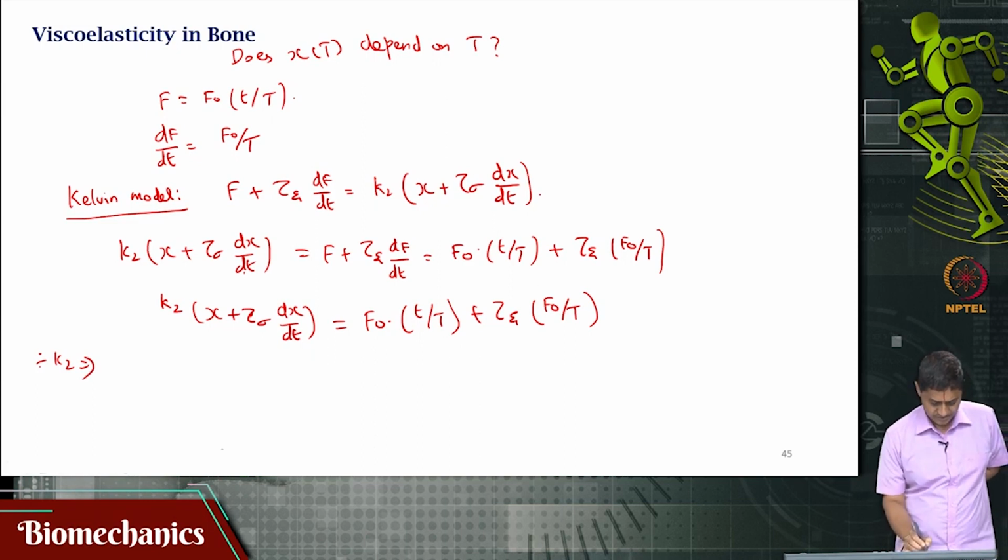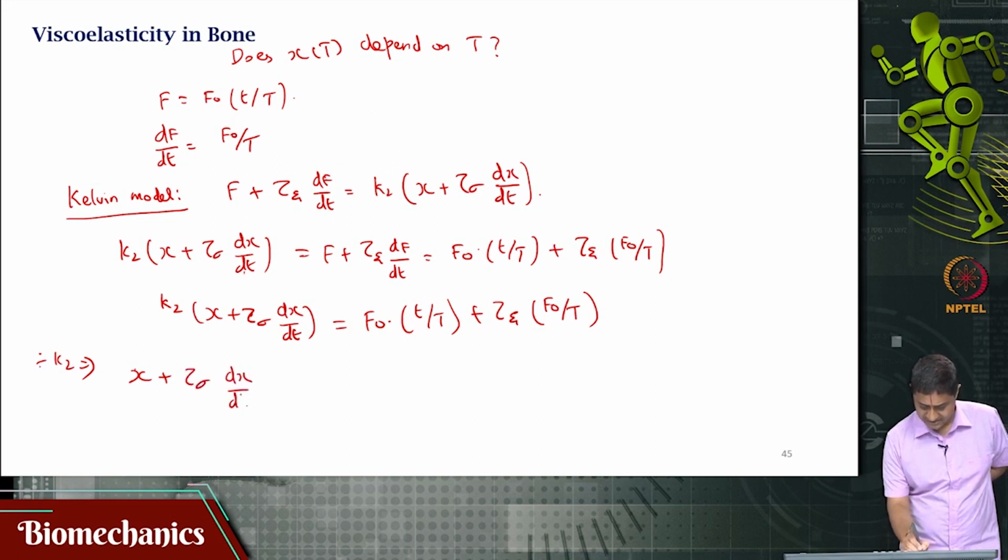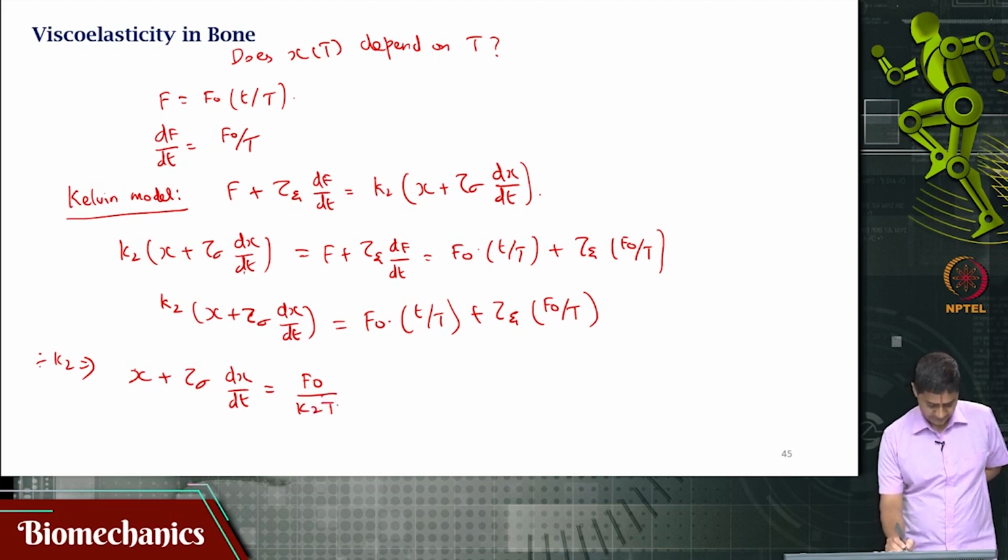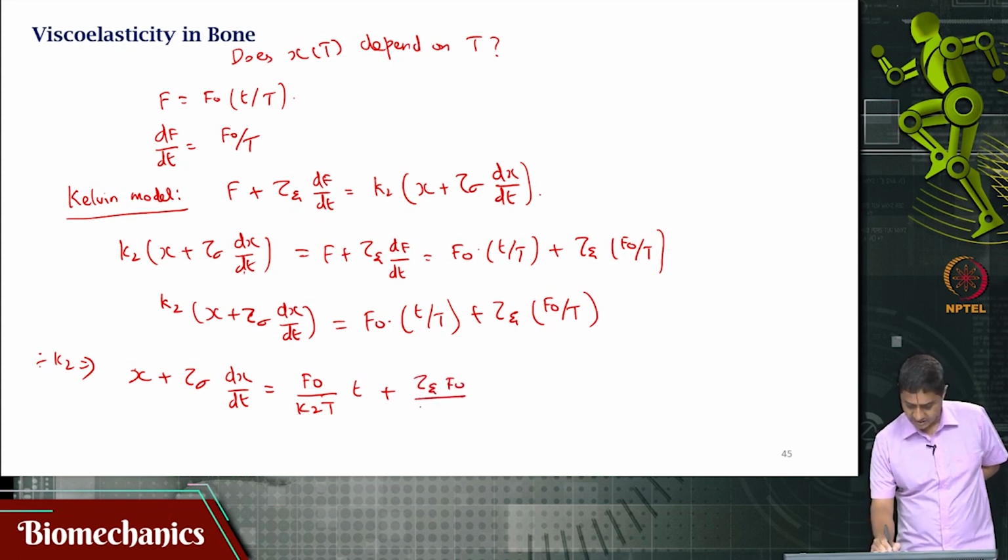What will I get? I will get x plus tau sigma dx by dt is F naught by K2 capital T times small t plus tau epsilon F naught divided by K2 times capital T.